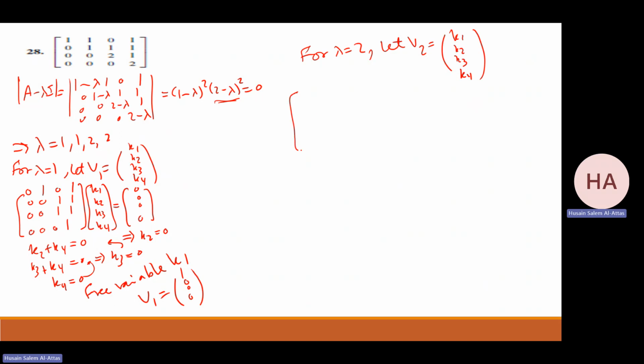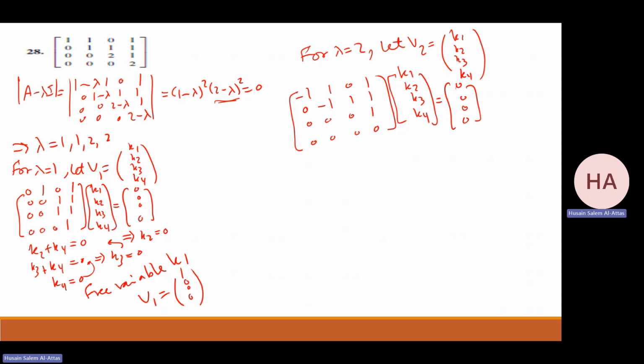So that gives me minus 1, 1, 0, 1; 0, minus 1, 1, 1; 0, 0, 0, 1; 0, 0, 0, 0, times K1, K2, K3, K4 equals 0, 0, 0, 0.